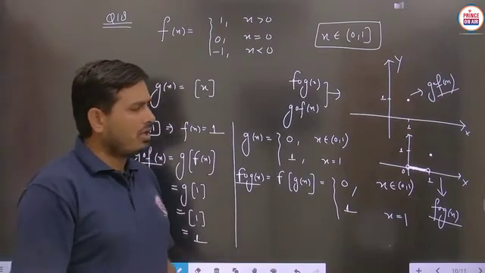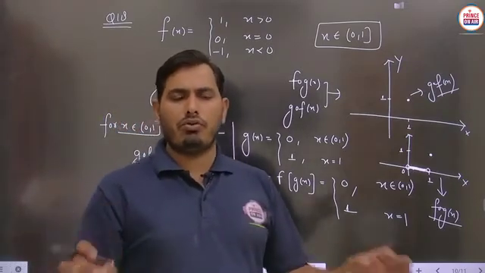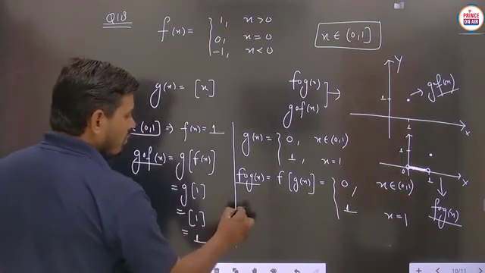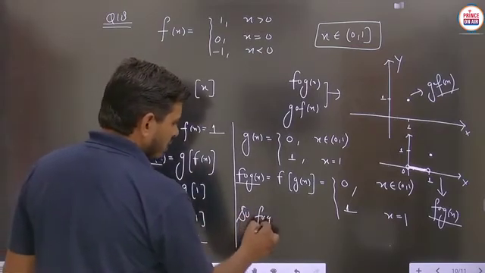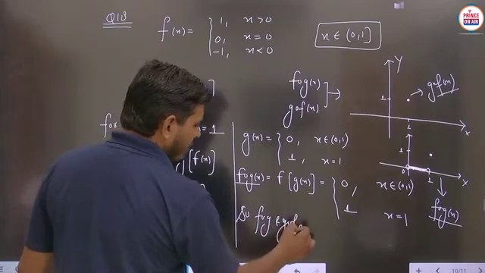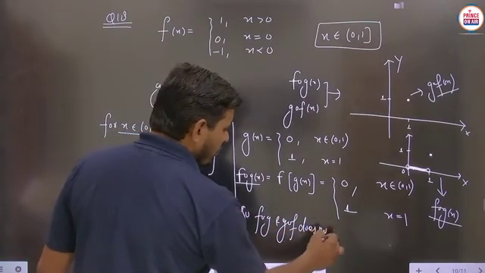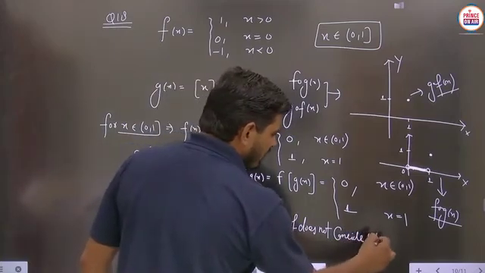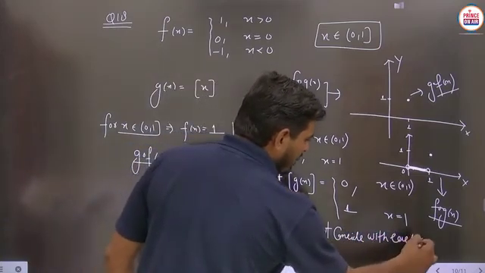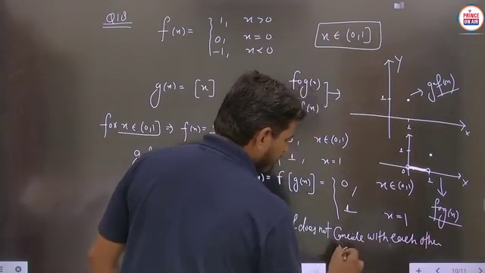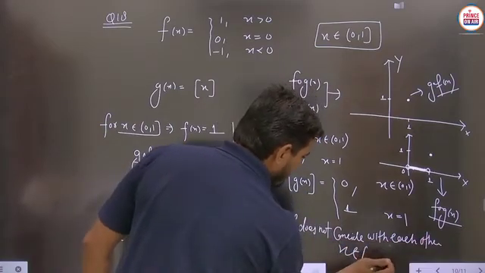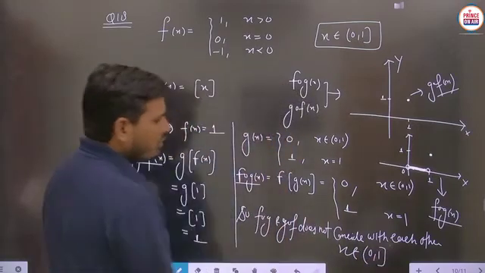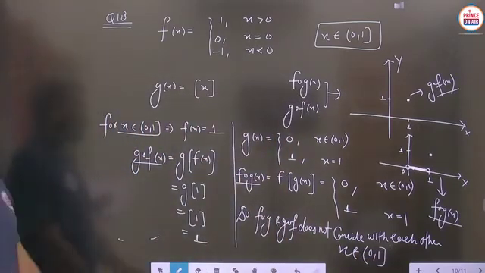So you can say that f o g and g o f do not coincide with each other in the interval x belongs to the open interval 0 to 1. So this should be the answer of question number 18, student.